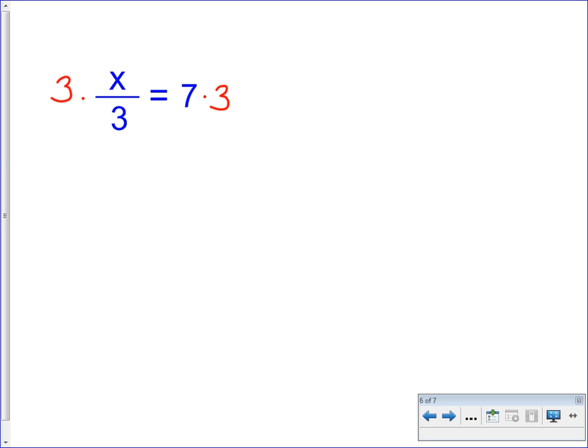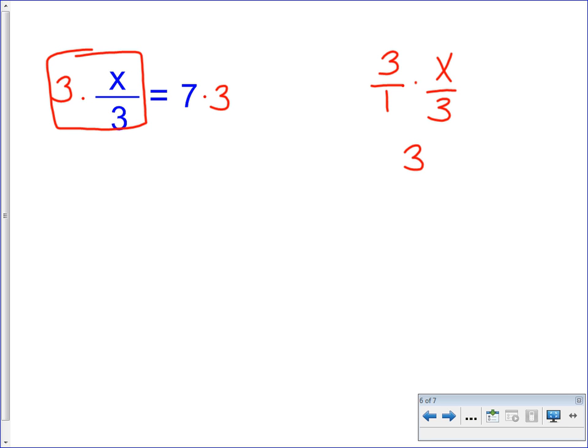Now, off to the side, I'm also going to do this first part here, the left side. Another way of writing 3 is just 3 over 1. And we're going to multiply this by x over 3, because that's what we had to do in the left side of the problem. When you're multiplying fractions, you just multiply straight across.